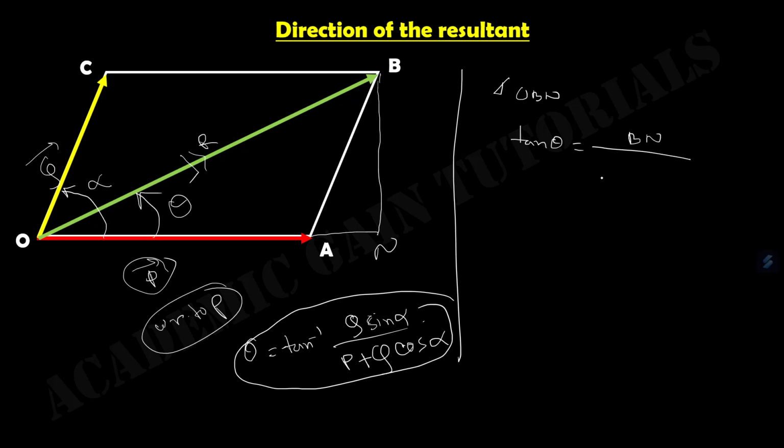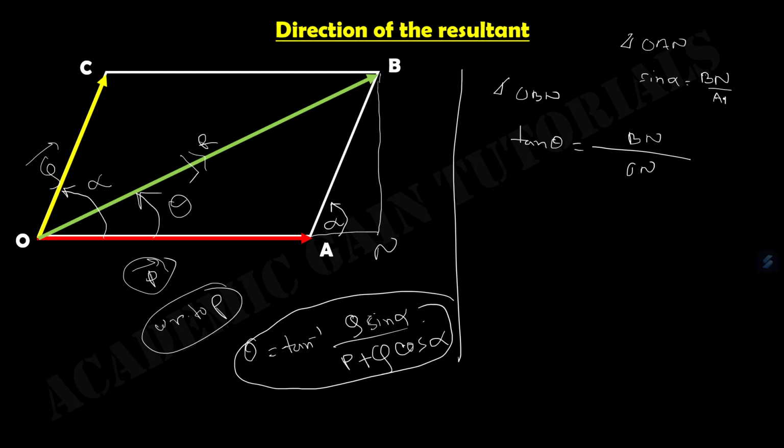And we also know that this is an angle of alpha. So from the triangle OAN, we can write sine alpha equals BN by AN.